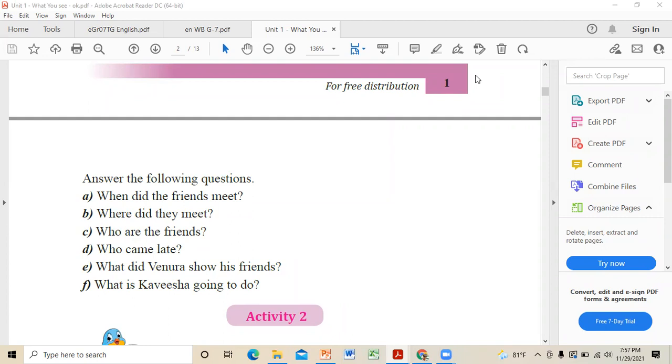Pramila Ashen, would you like to try, even though you have not raised your hand? Okay, so anyone else? Right, Ishini, yes, you can answer. Rajan came late. Right, very good.